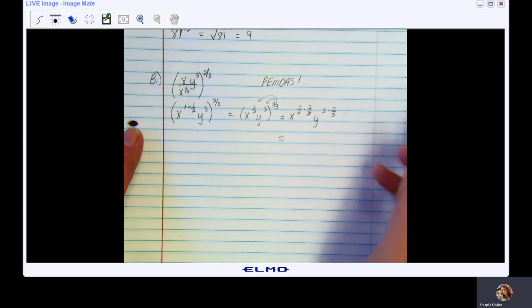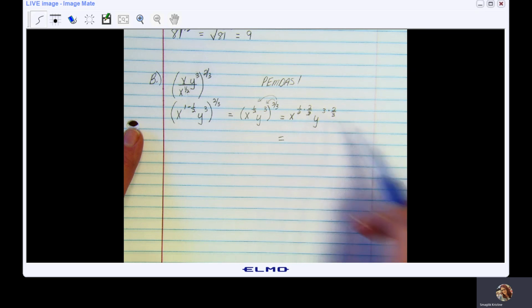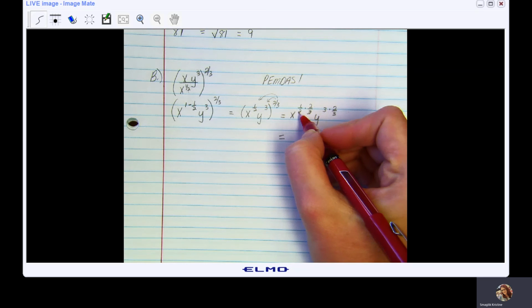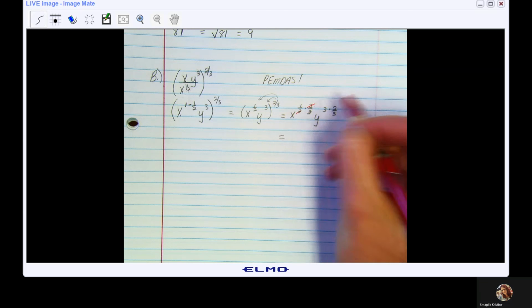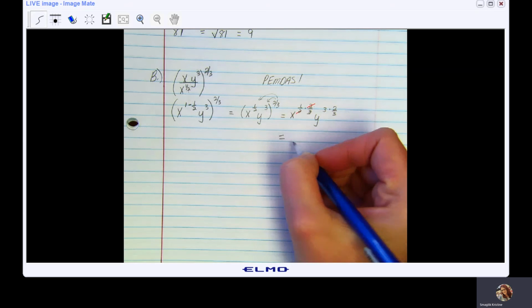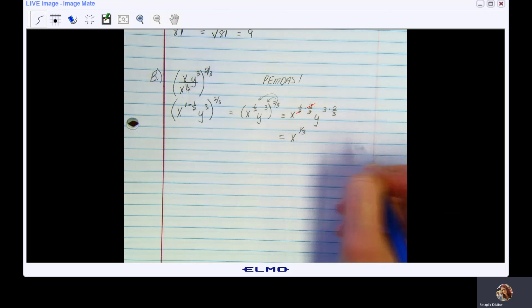Now, multiplication with fractions. You could multiply across, which would be 2/6 and then reduce, or you could cross reduce. I'm just going to cross reduce here. These 2's will reduce down to 1. That would end up being 2/2, which is just 1. So I am left with x raised to the 1/3.